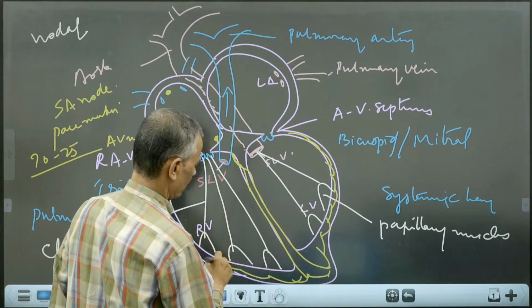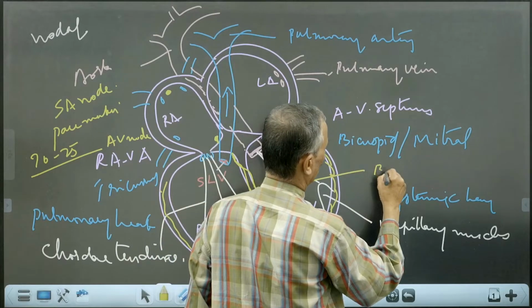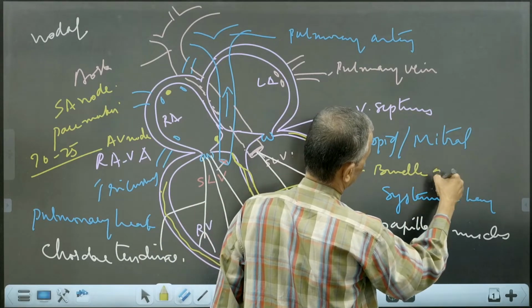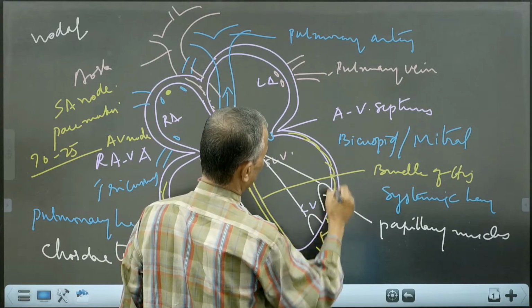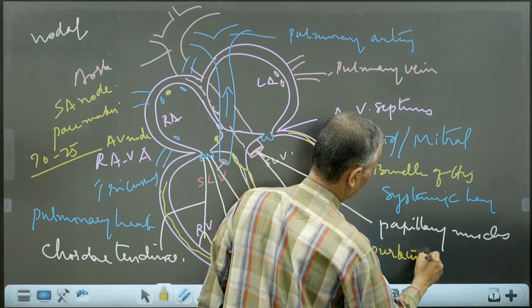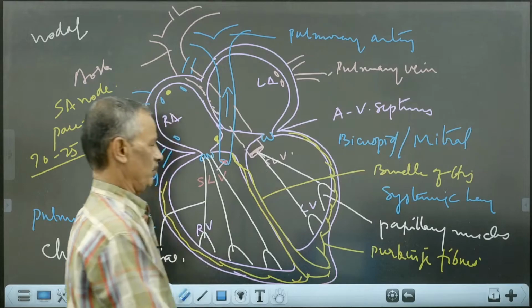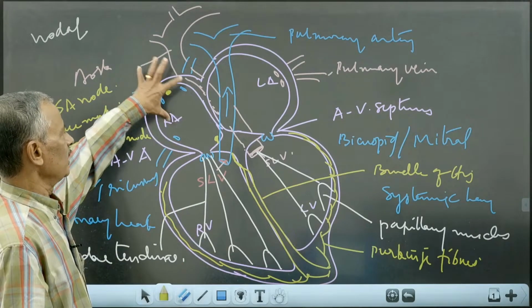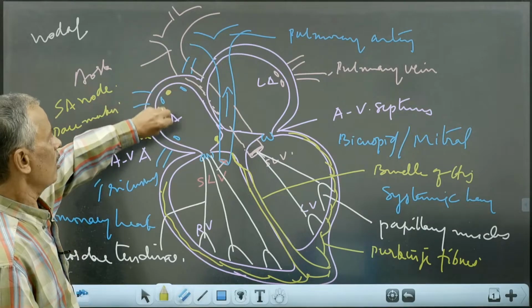These thick bundles are called bundle of His, and the tiny branches are called Purkinje fibers. It is this nodal tissue which is making the rhythm of the heart contraction.